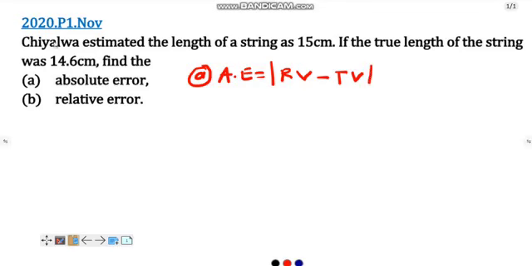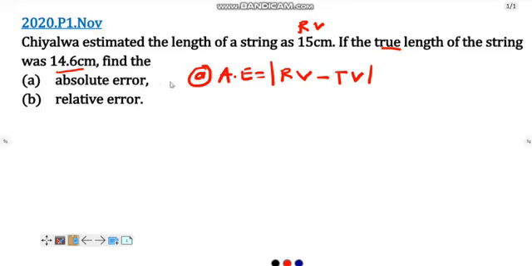Now when you read the question, we are saying Chiarwa estimated the length of a string as 15. So this 15 is the recorded value. They have even told you that the true length of the string was 14.6, so this 14.6 centimeter is the true value.